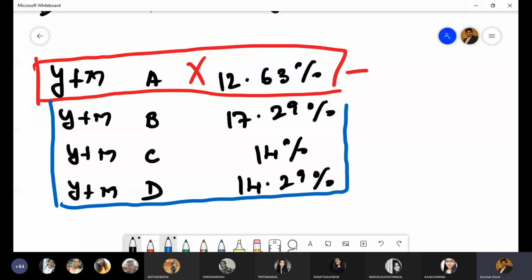Did everyone understand this? This is what I was trying to explain some time back, that whenever there are multiple bonds which fulfill the criteria, first we need to see how many bonds are fulfilling the criteria. So we saw that bond A is not fulfilling.